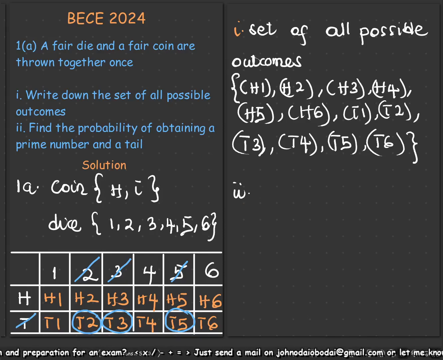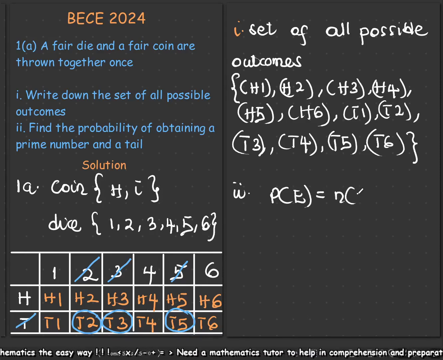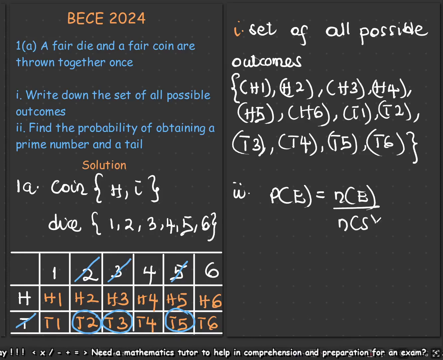Now we know the probability of an event in this case is the number of the events over the total sample space. That is, probability of an event is equal to the number of occurrence of that event all over the sample space.